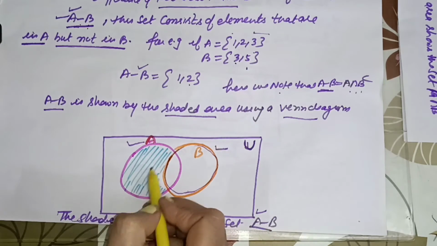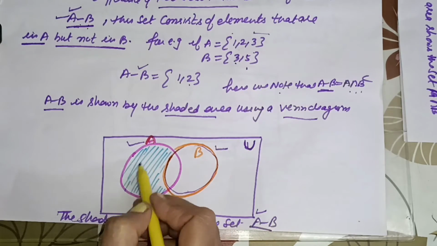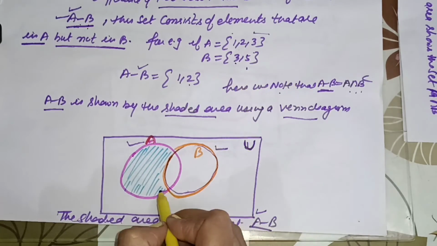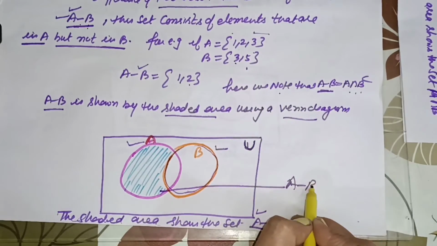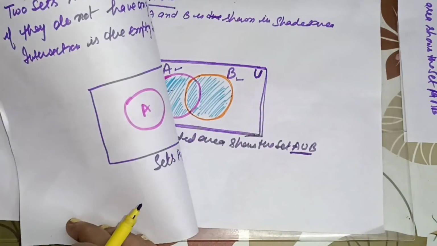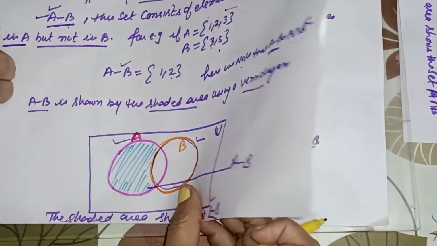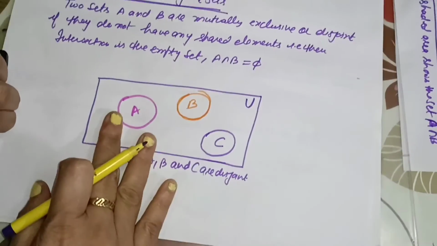We will take only the A portion area. So this shaded region shows that we are talking about A difference B. So this is the difference or subtraction of two sets.